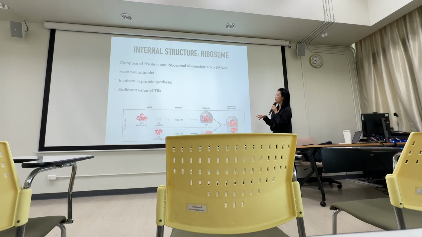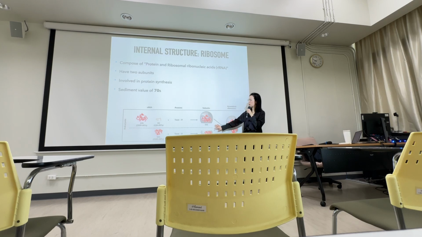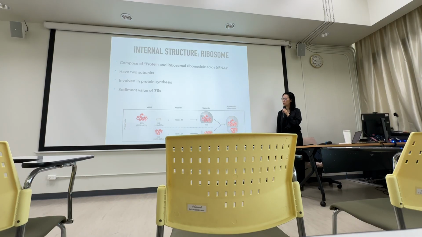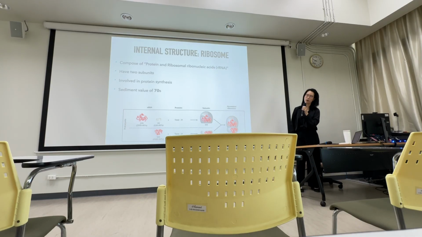In the case of bacteria, they have 70S when we combine them together, and the two units that combine to be the assembled ribosome are composed of 50S and 30S sedimentation units, to be a ribosome that produces protein for the bacteria.